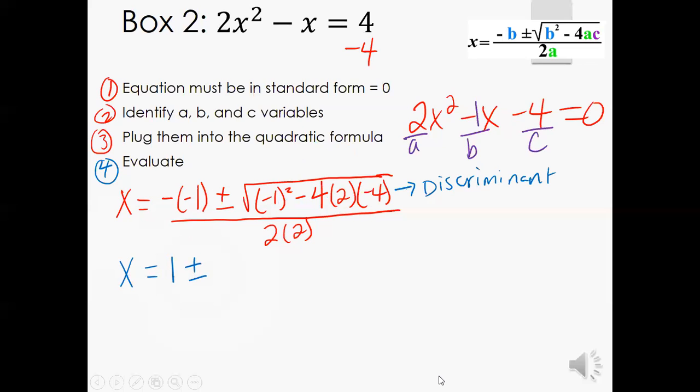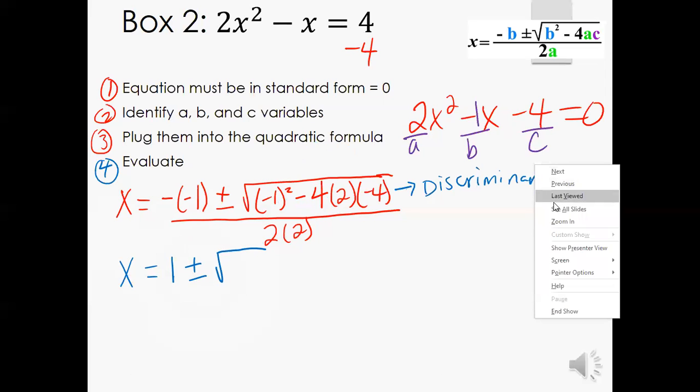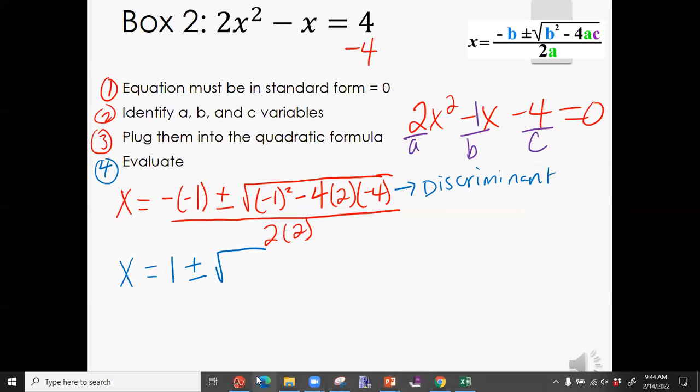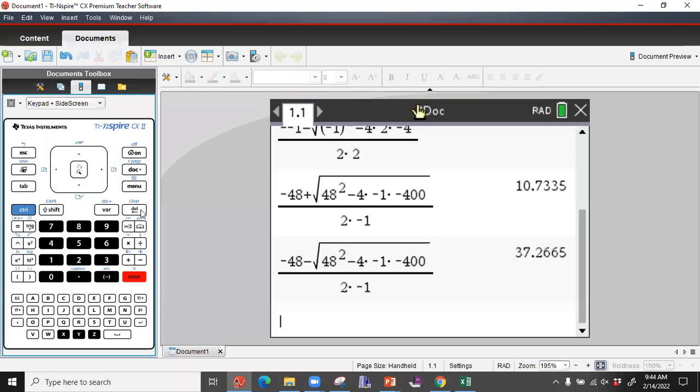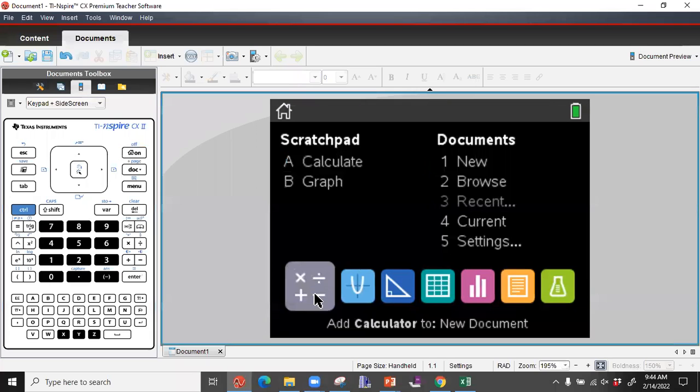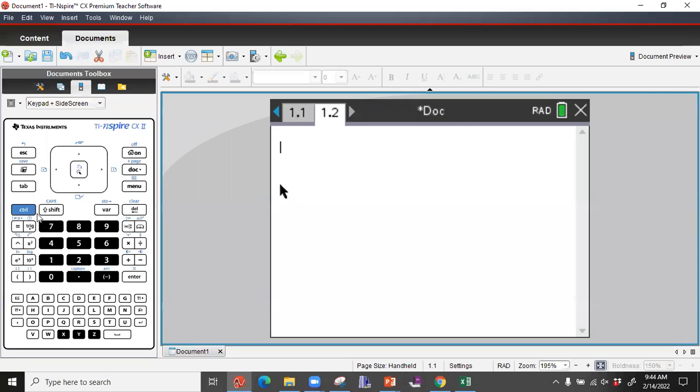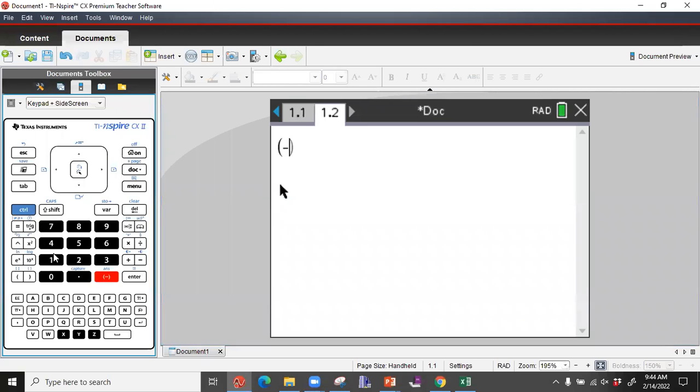So I'm going to go to my calculator and type in what's underneath the square root, the radical. So we have -1 squared minus 4 times 2 times -4.